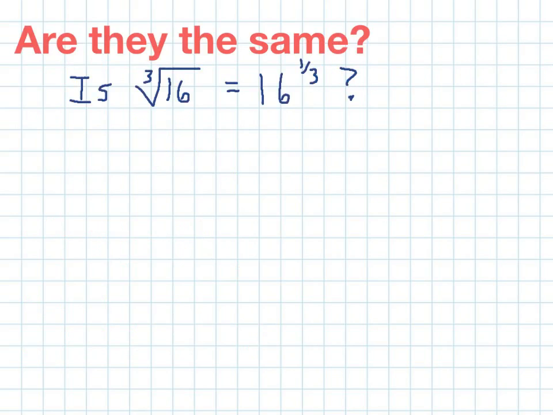Now we're going to find out, is one value the same as another? So is the cube root of 16 equal to 16 to the 1/3 power? Well, I could do this in the calculator. The cube root of 16, if I go in the calculator, is 2.52 approximately.